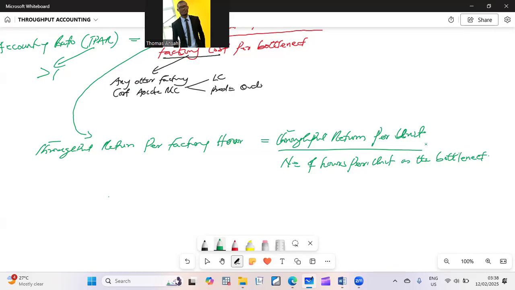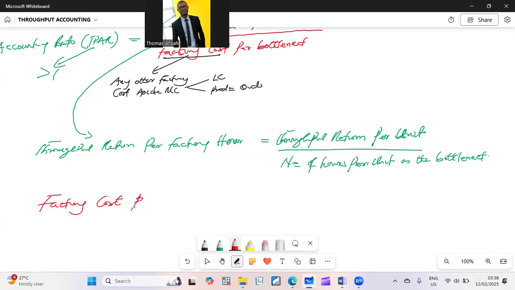Then lastly, I need to know my factory cost per hour.